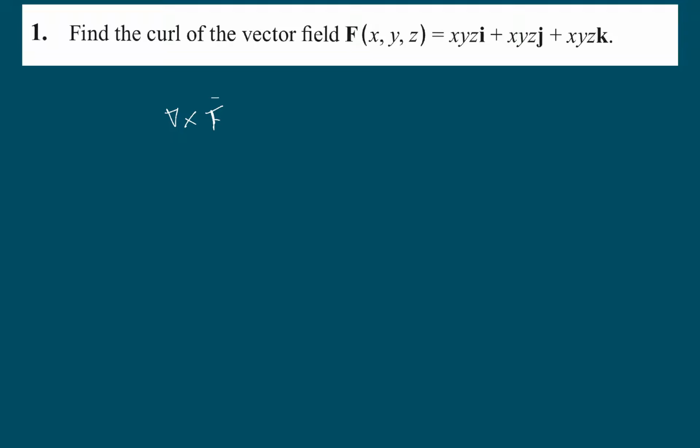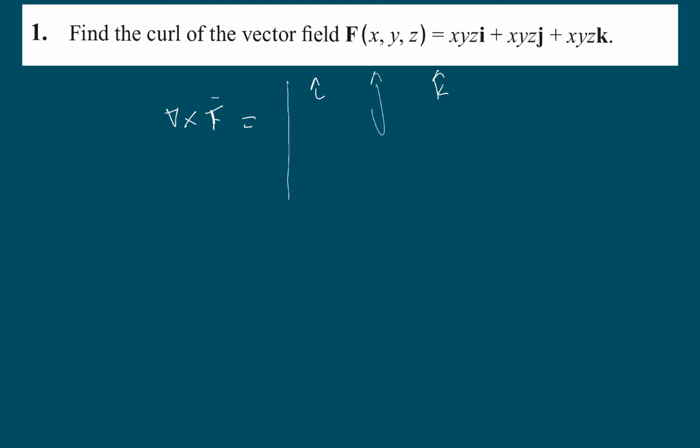So when we find the curl of the vector field, we find the curl of a vector field at each point. And how do we find the tendency to rotate of the vector field? I will explain why it works like this.